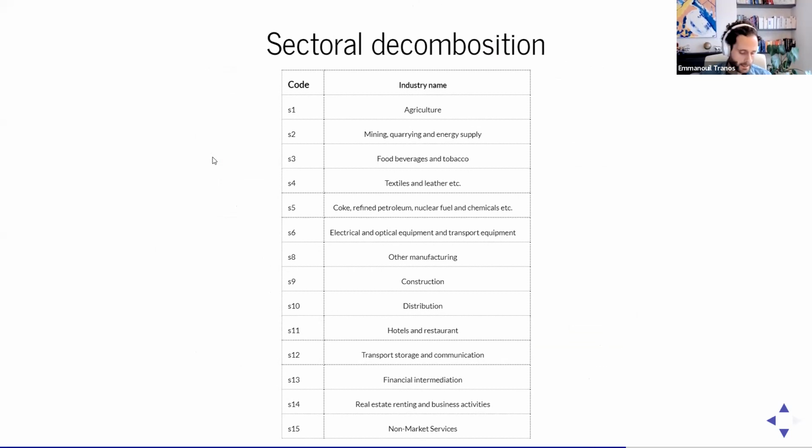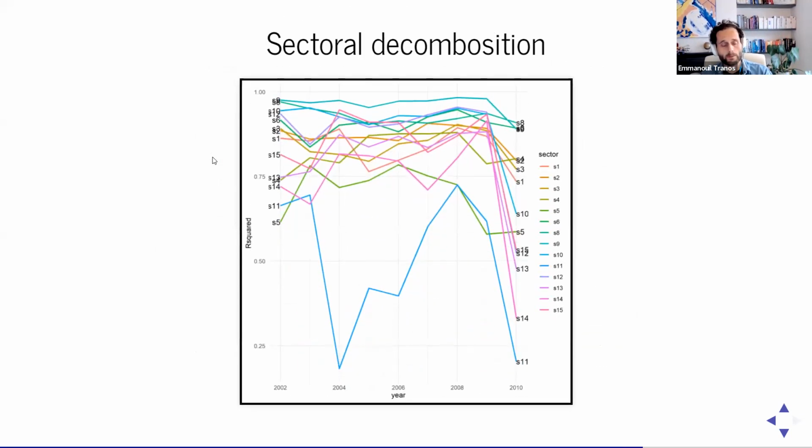We were able to decompose our data in terms of sectors, because we also had information about trades for different sectors, and we identified sectors for which we are able to make better predictions, and equally sectors for which we were not able to make such good predictions.